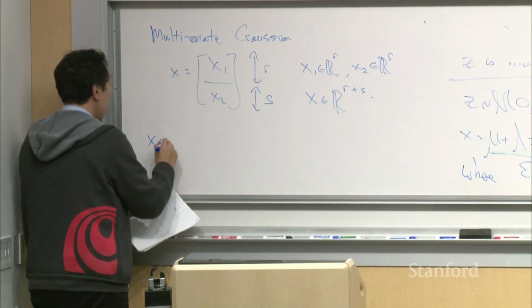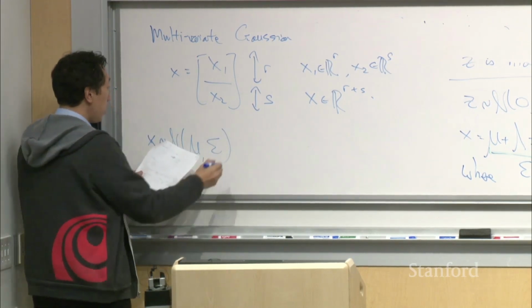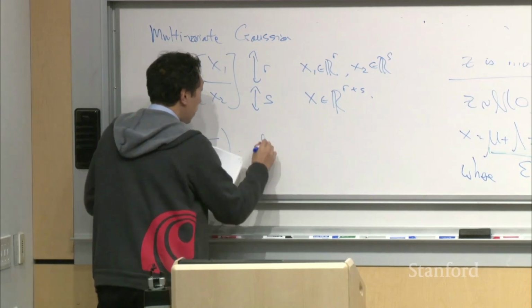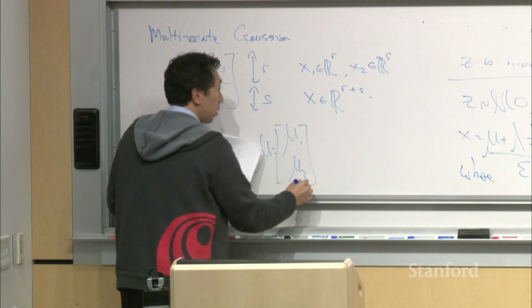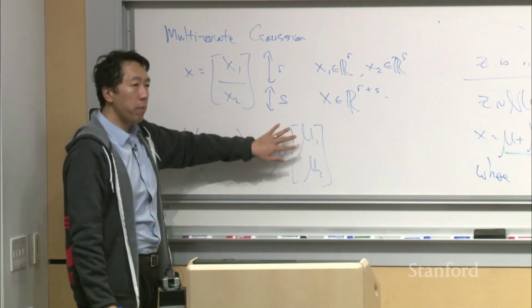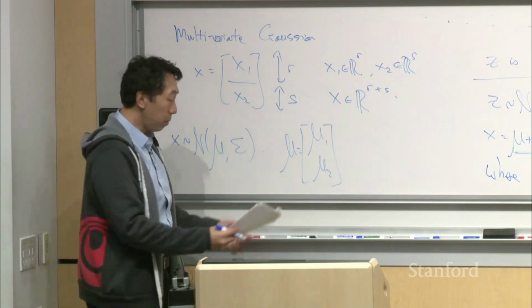So if X is Gaussian with mean mu and covariance sigma, let's similarly write mu as a partitioned vector, broken into two subvectors corresponding to the first R components and the second S components.